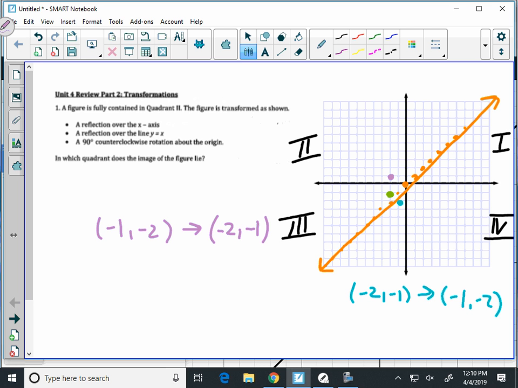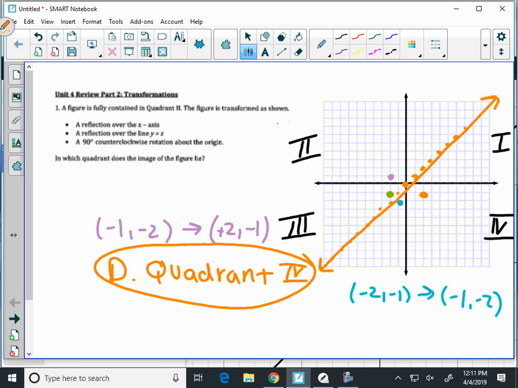Flip the point and then change the sign of the first. So plot our last point, which is 2, -1. What quadrant did our last point land in? 4. So your answer is D, quadrant 4. I know you can circle it. I don't have it on here, but it's D, quadrant 4.